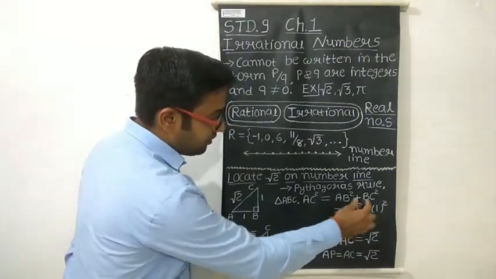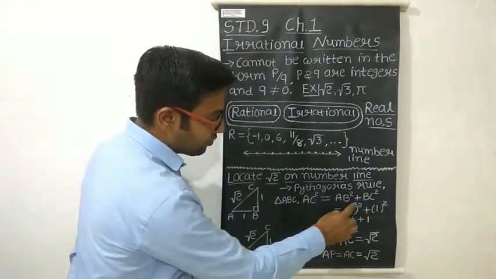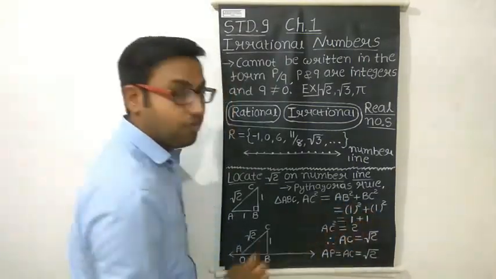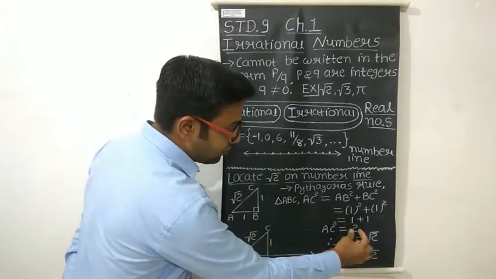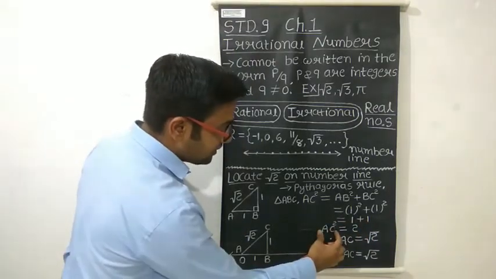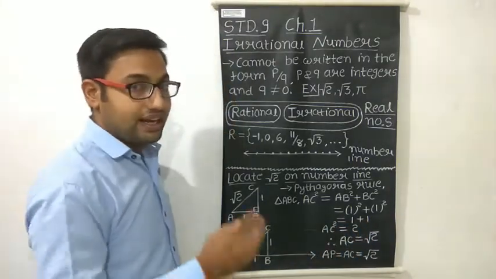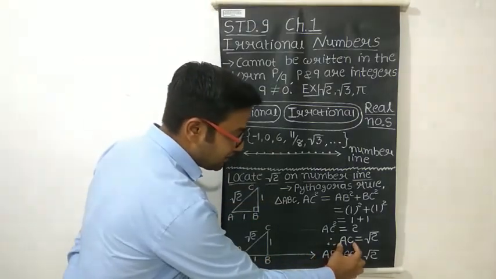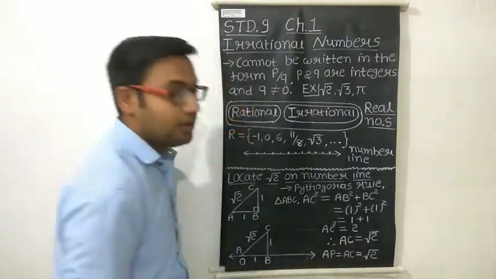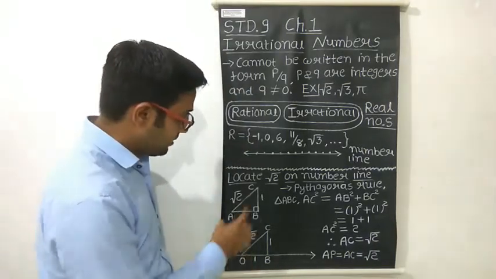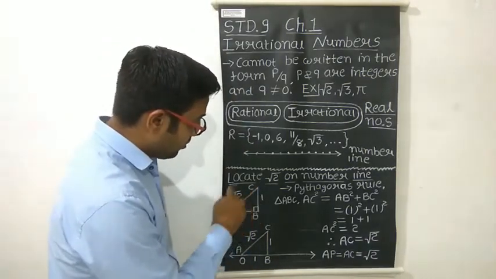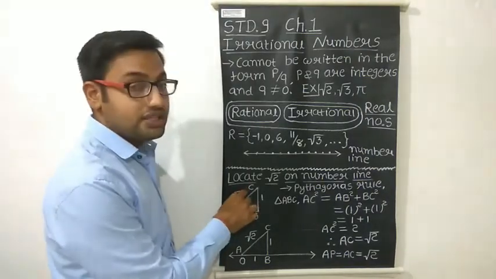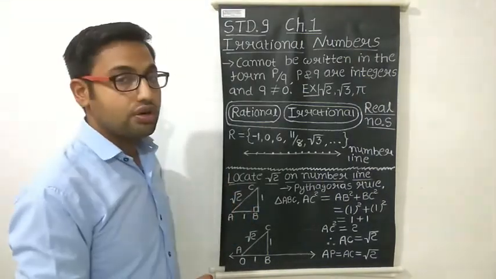AB is 1, BC is 1. So 1 square plus 1 square. 1 square is 1 and here also 1. This gives us 2. So AC square is equal to 2. Now by taking the square root on both sides, we will get AC on the left and under root 2 on the right hand side. That means this AC is now under root 2. The distance of point A to point C is under root 2.